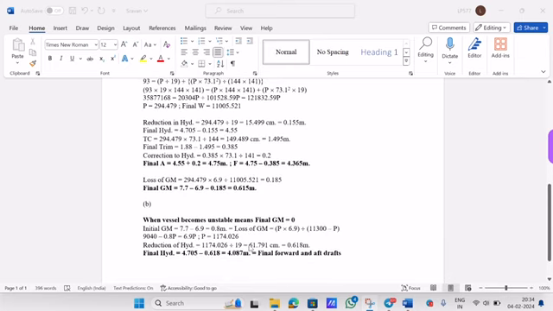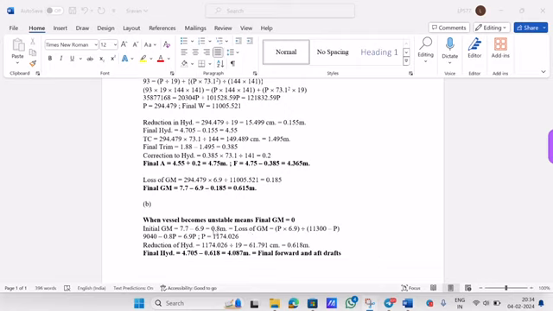The second question was, when the vessel becomes unstable, that means the final GM will be 0. Initial GM we know, 7.7 minus 6.9, KM minus KG, that is 0.8. That should be equal to the loss of GM. Then only the vessel will become unstable. That's the instant when the final GM is equal to 0.